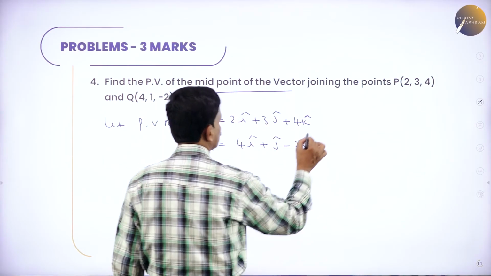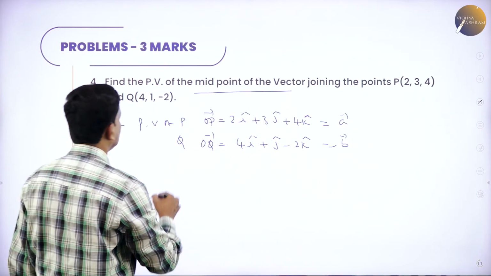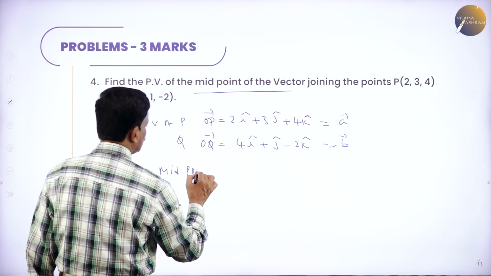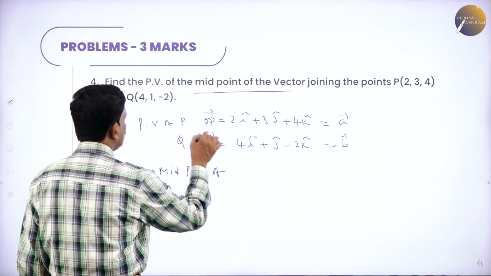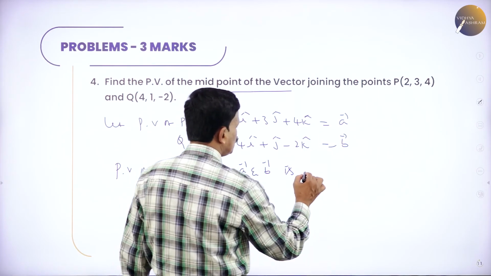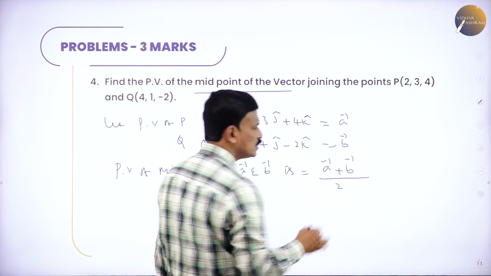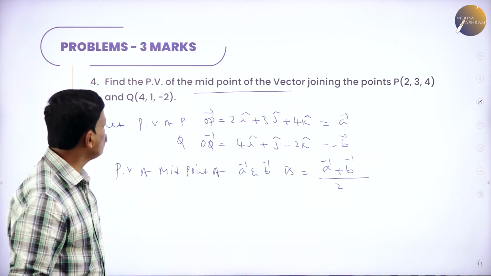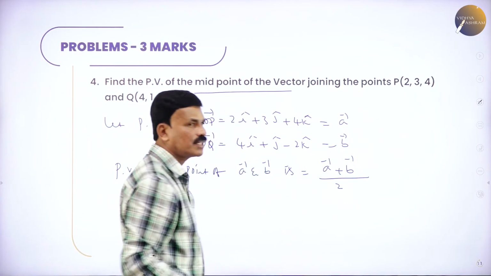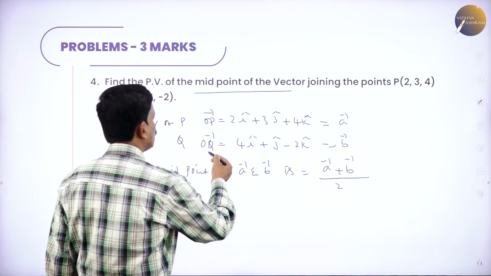Now let us call these vector A and vector B. Now the position vector of the midpoint of P and Q, that is A and B, is equal to vector A plus vector B divided by 2, that is OP plus OQ divided by 2. You can also call it OR.